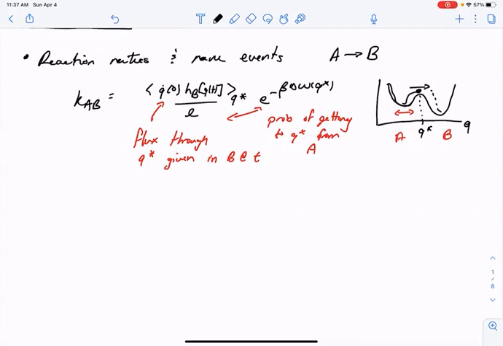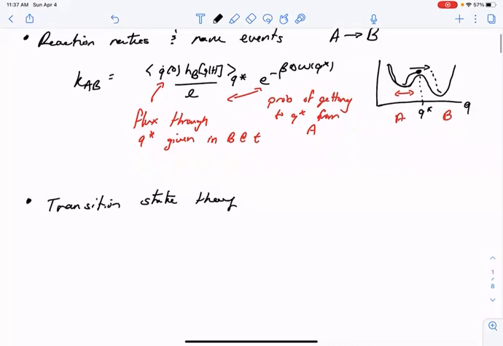However, that expression is a time correlation function. It requires knowing how the flux at 0 is correlated with committing to B a time t later. An approximation to that, which neglects all of those dynamics, is transition state theory, which boils that calculation of a rate into a calculation of a few thermodynamic quantities.